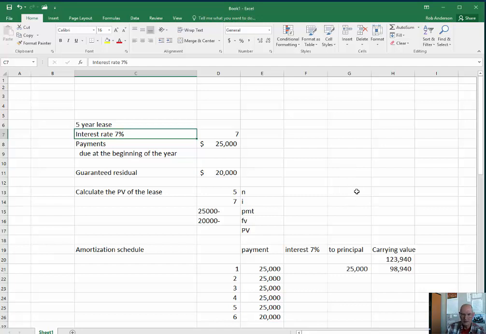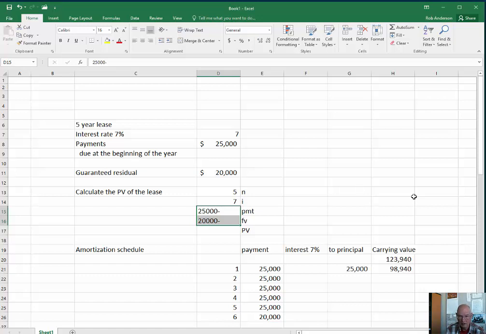Now, let's look at the inputs. We have a 5-year lease. So we're going to key in 5, and then we're going to hit N. The interest rate is 7, so we're going to hit a 7 and key in interest per year. Now just a reminder about the sign convention on your calculator. You'll see that I've keyed in these items as a minus, and of course that's because it's a cash outflow.